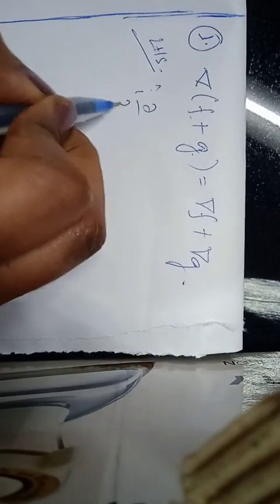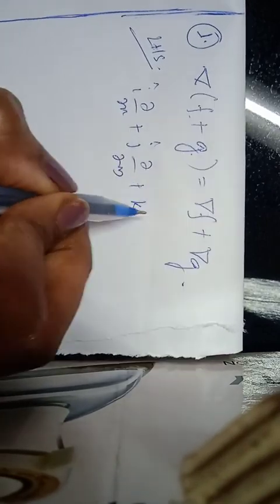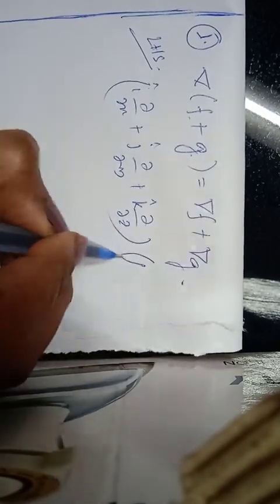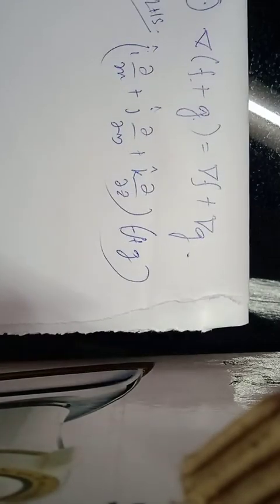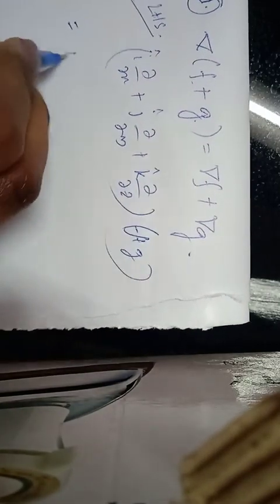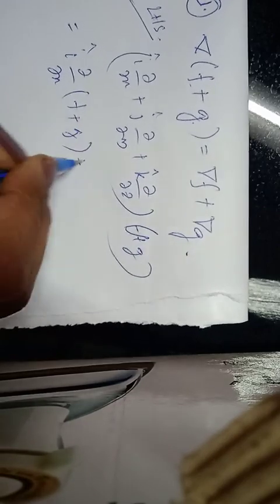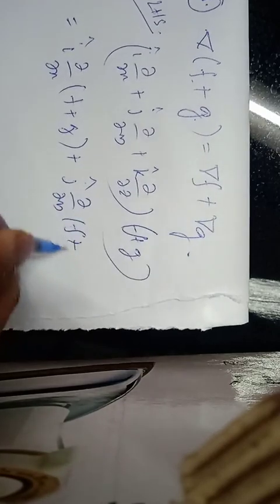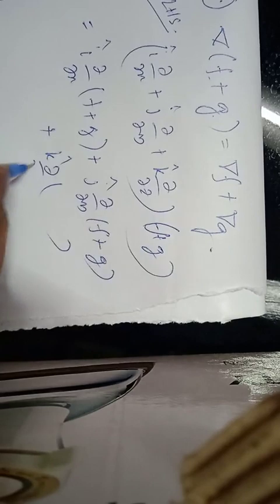It is i del/del x, j del/del y, k del/del z, acting on f plus g. So i cap del/del x of f plus g, then j cap del/del y of f plus g, similarly k cap del/del z of this.